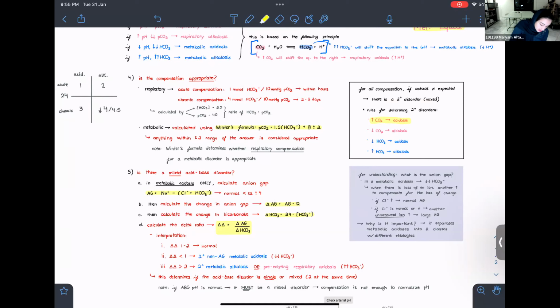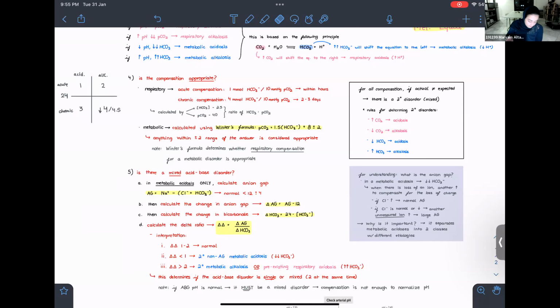Vice versa, if the compensation of a metabolic acidosis is inadequate and CO2 is very low, then you know there's a secondary respiratory alkalosis. And vice versa, just so you guys understand how that works.